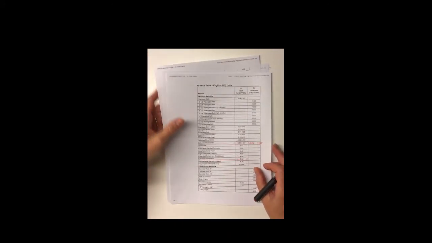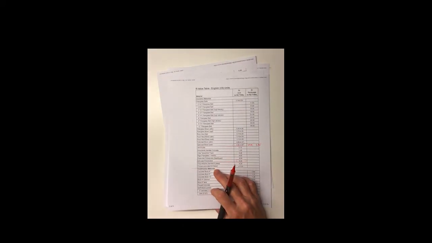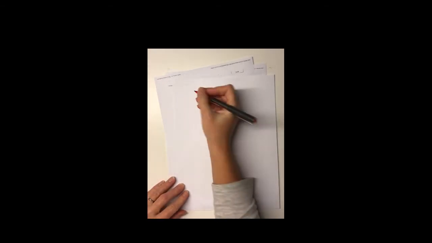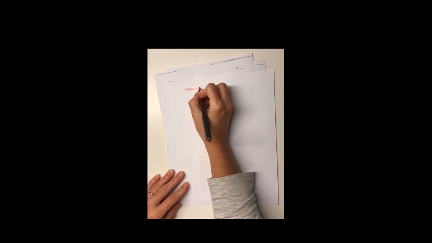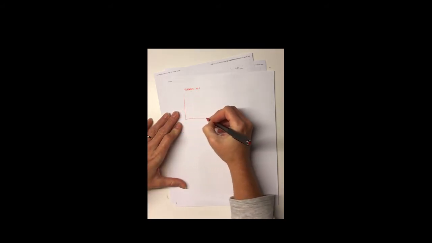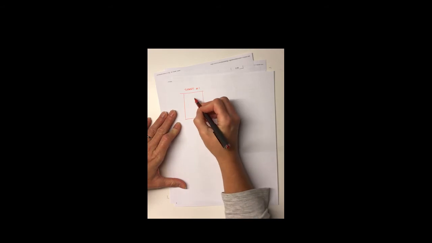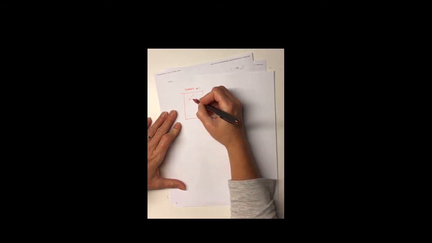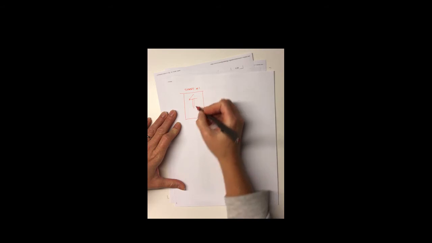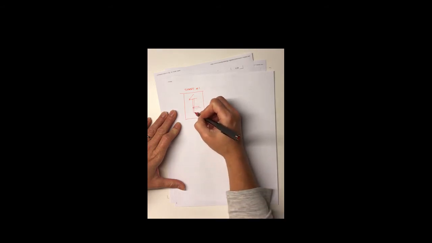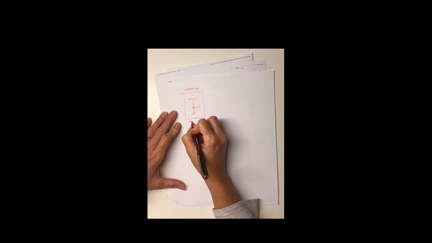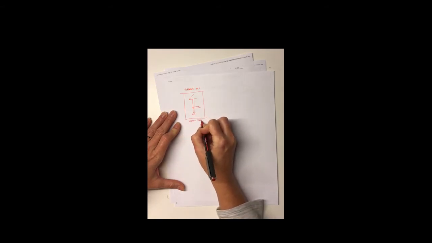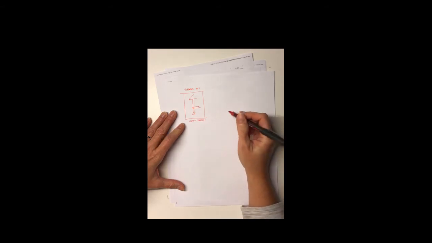So the first 2 parts of your assignment: I'd have sheet number 1, and that would have the wall section with everything that's required on it.